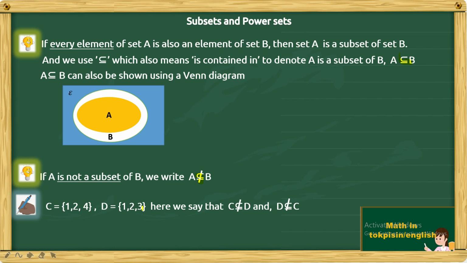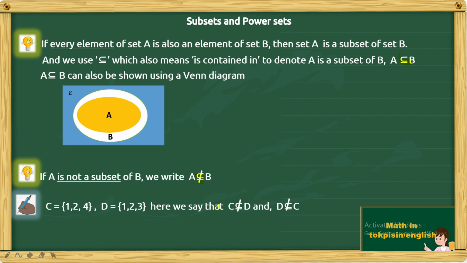Here we can see that the elements of C are not exactly the same as the elements of set D. Well, you have 1 and 2 in set D, so is 1 and 2 in set C. However, for set C to be contained in set D, all elements of set C must be elements of set D. So it doesn't happen.